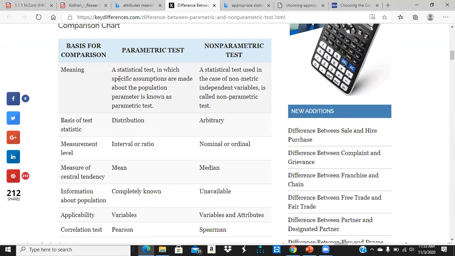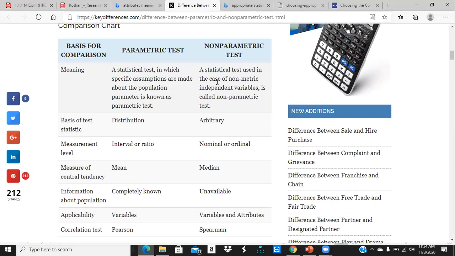A parametric test is a statistical test in which specific assumptions are made about the population parameter. Specific assumption means we assume that the population mean is something, that the population standard deviation is something, and that the data is normally distributed. Those are some of the assumptions we make for a parametric test.